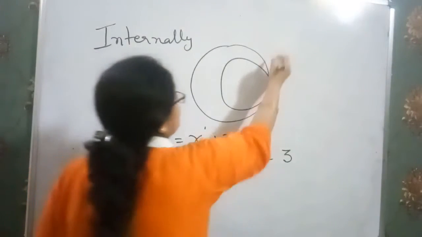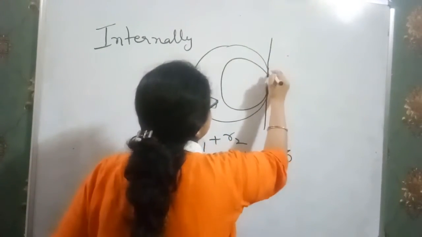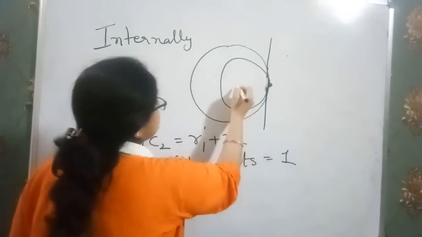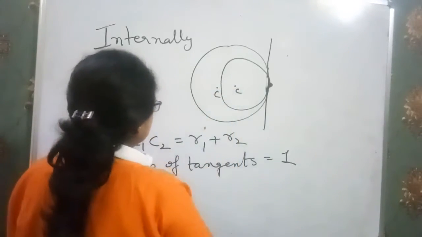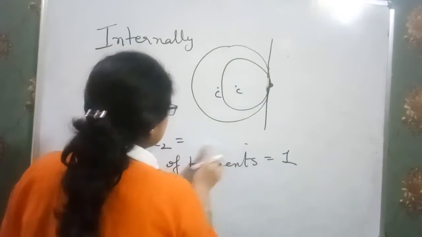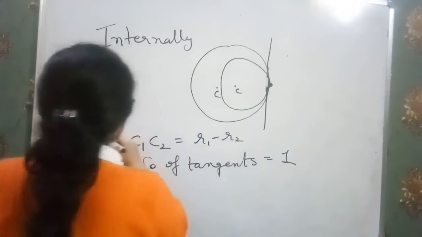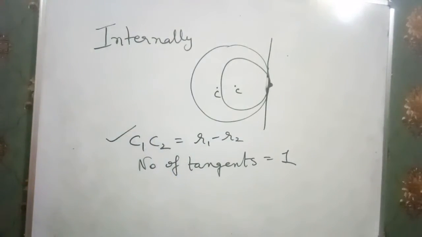At the point of contact, we have only one tangent. Clear? So the number of tangents is 1. For example, the centers are here. So the condition is that when R1 minus R2 is equal to the distance between centers, then the circles touch internally.